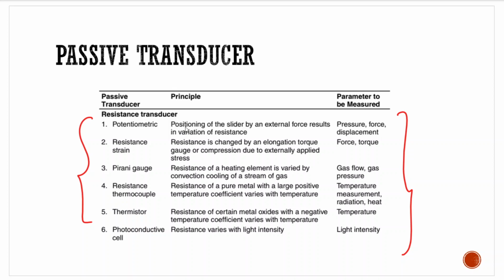One is the potentiometer. You already know what a potentiometer does. The basic principle of this potentiometer is that the slider basically moves due to an applied external force that will result in variation of resistance. Okay, so we are measuring resistance where we are actually trying to measure the external force by seeing how much resistance is getting varied.